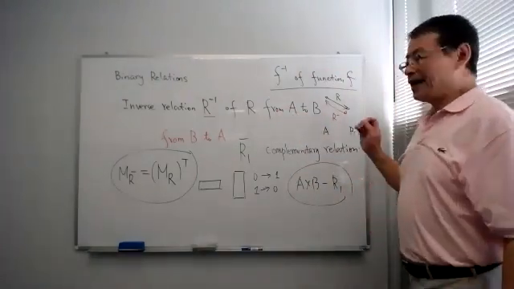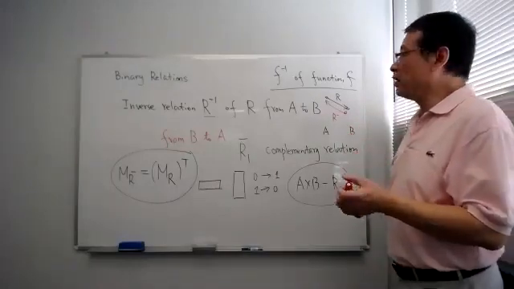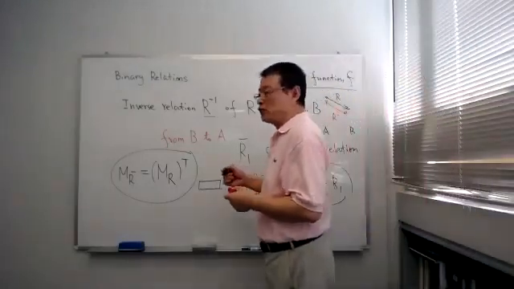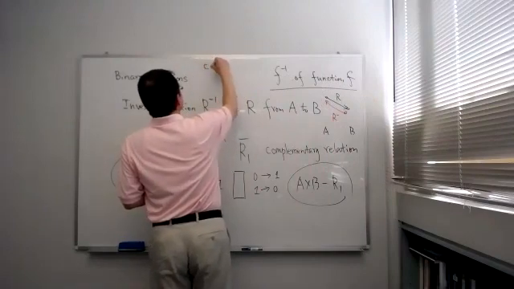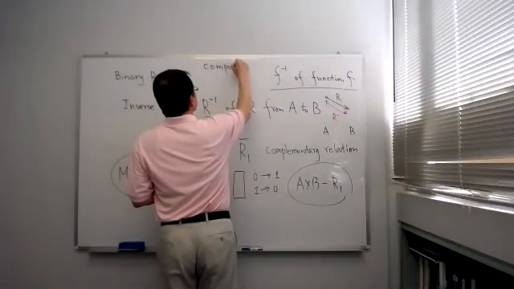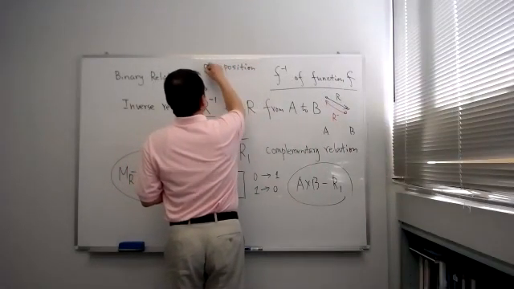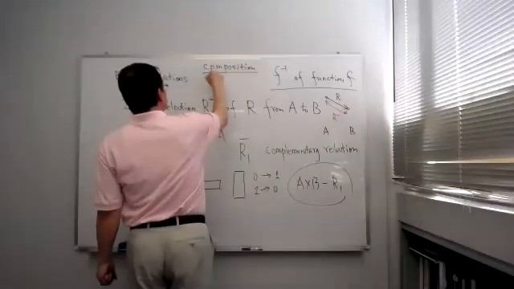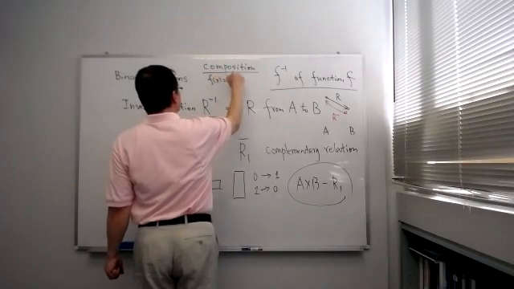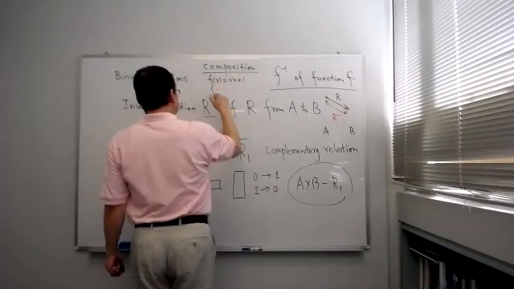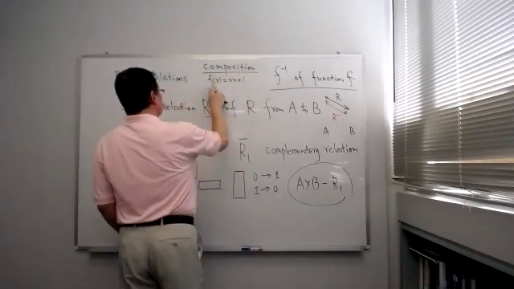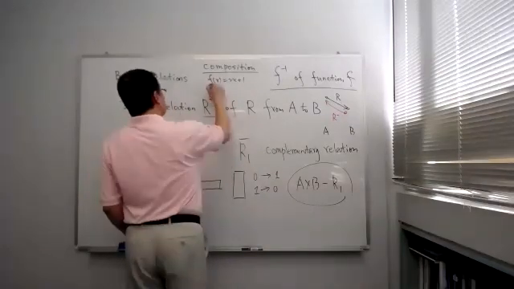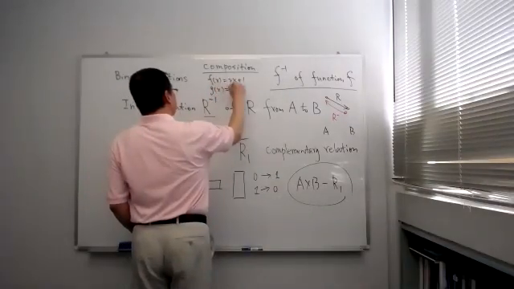Now there is another important notion called composition. Just like composition of functions. So we have, say, f(x) equal to x plus 1, and maybe g(x) equal to square root of x.